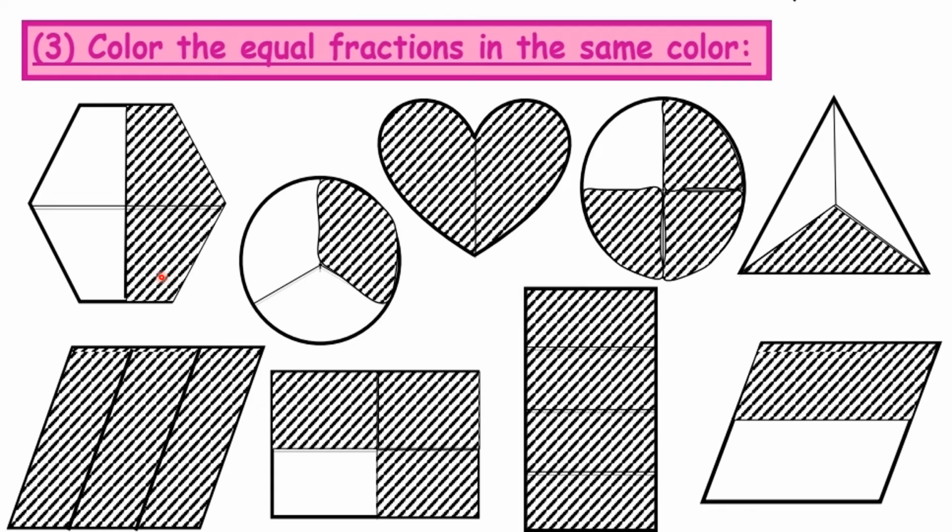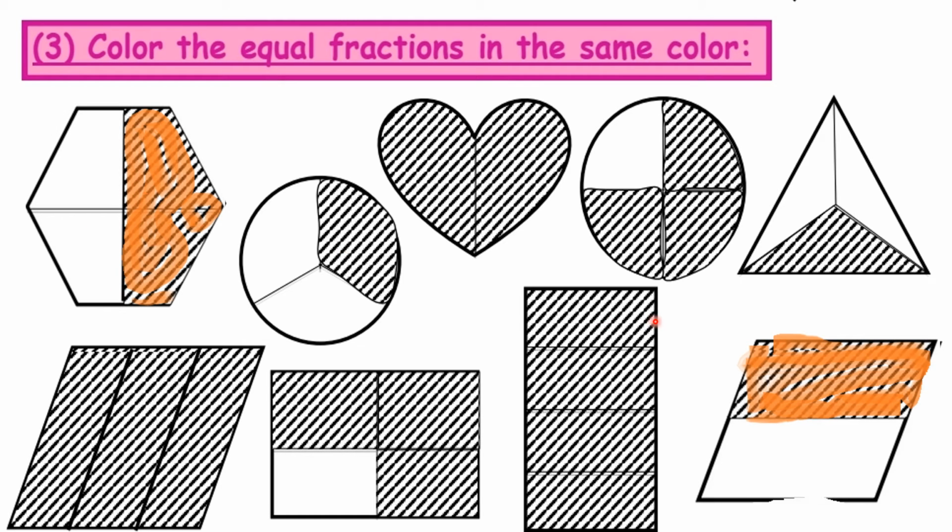So let's look at which of these shapes has half colored. Look at this one. Half of it is colored. Only one is colored out of 2, and here one is colored out of 2. So I will color them with the same color.